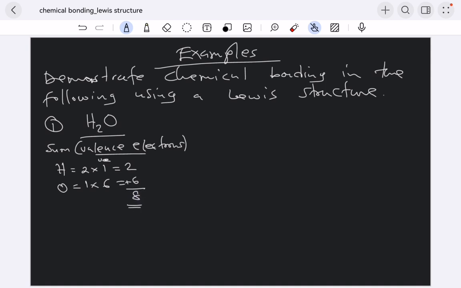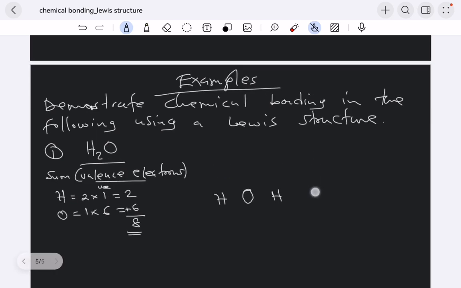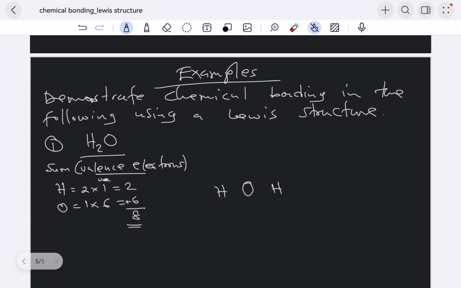So how do we distribute? According to the rules, oxygen will be in the middle, then we'll have hydrogen, and hydrogen. We said hydrogen exists as a peripheral atom, so you put them on the sides. Then we distribute at least a single bond. A single bond is represented by a pair of electrons, so we'll put 1, 2, 3, 4. When I subtract from there, I will remain with 4 electrons.